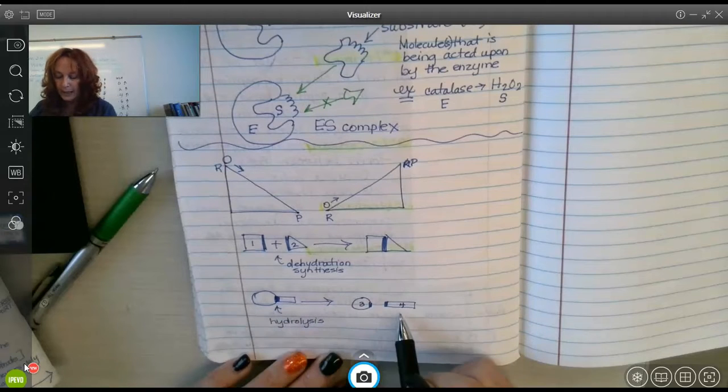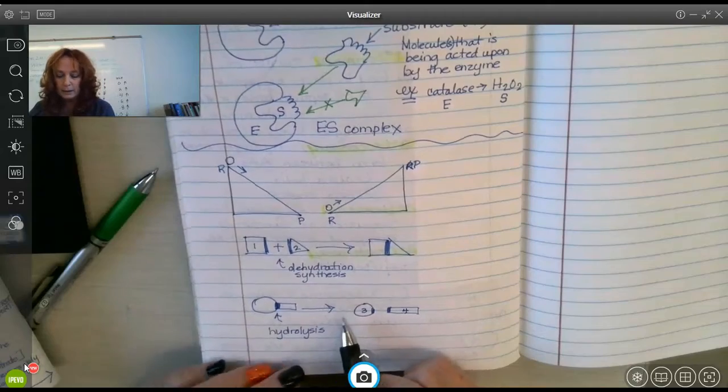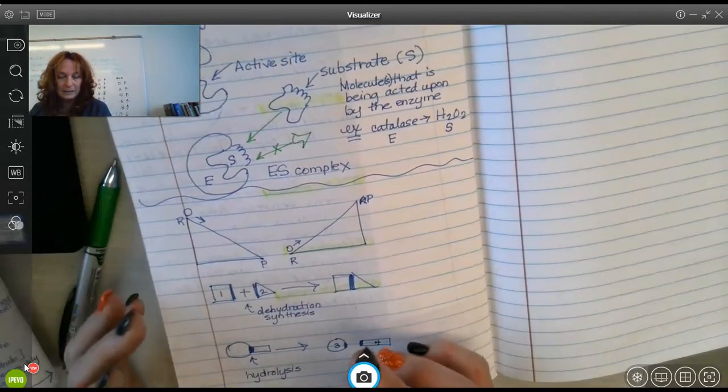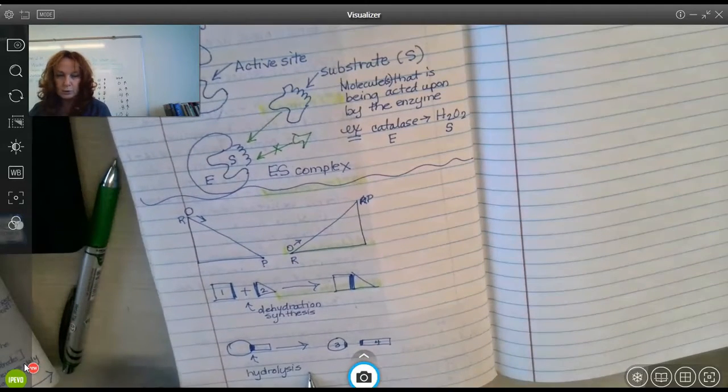So this would be the reactant, those would be the products. All the enzyme is doing is providing the proper place with orientation for these two processes to occur.